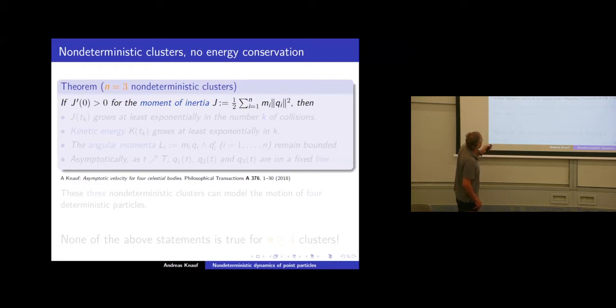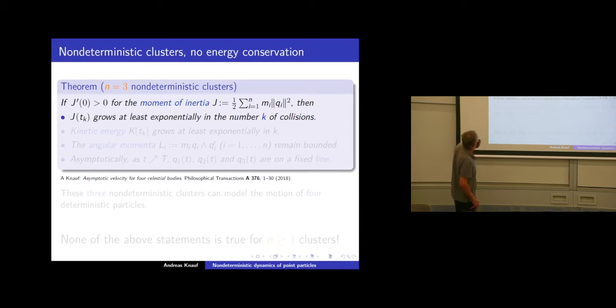One quantity that is of interest is this J, for an arbitrary number n of particles. That's just a quadratic form in position, multiplied with the masses. And the t_k that come in next are just the times of collision of any such realization of this non-deterministic system.